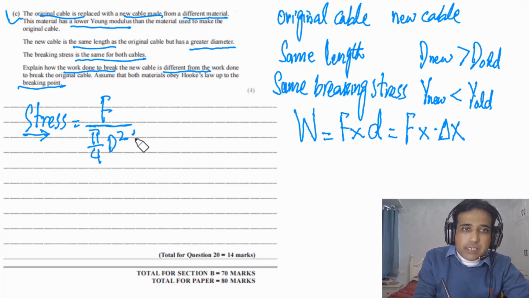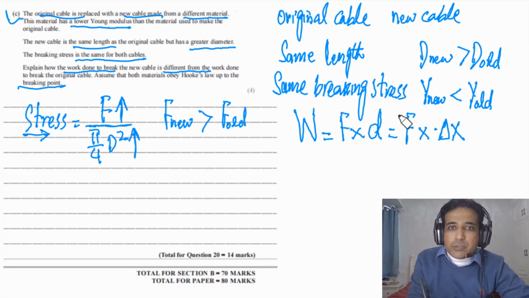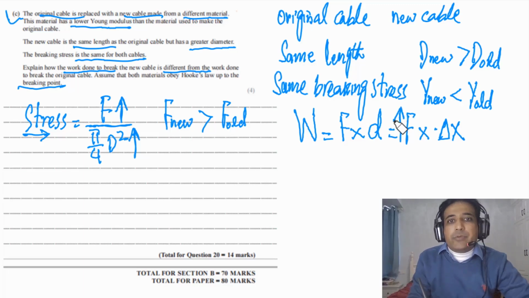So if d is greater, it means force has to be greater. So the force on the new cable, F new, has to be greater than F old, or we can say F original. So this value is greater, so we can update here.